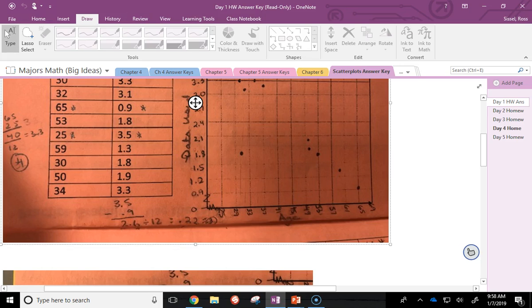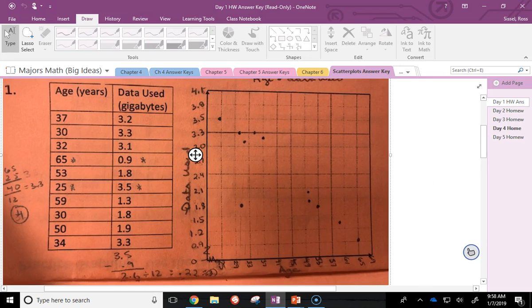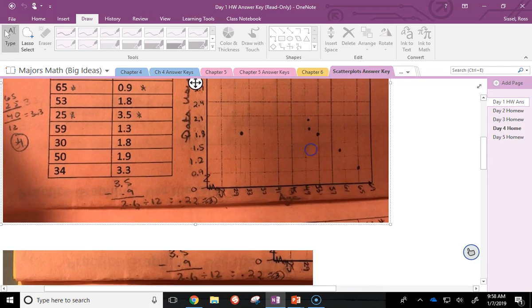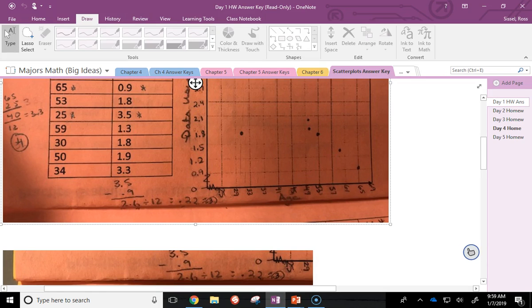I think we even did this in class together, because I think I had mine switched. Then, on the y-axis, my largest value was 3.5, my lowest was 0.9. You find the range. You take that range, which was 2.6, and we divide it by 12, because there's 12 lines that we have to graph on.